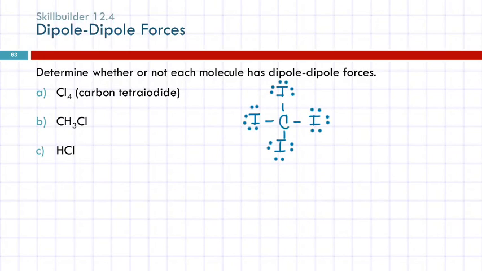This is a nonpolar molecule. Does it have dipole-dipole forces? No. So it would be dispersion. It has dispersion forces. Those are the only forces it has. Well, everything has dispersion forces. It's nonpolar.